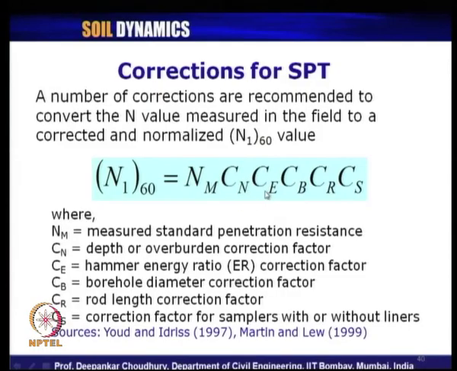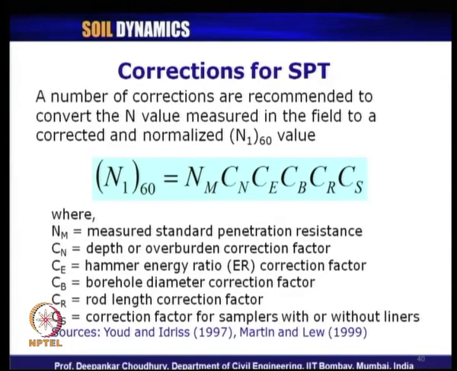Now, why is CE, the energy correction factor, required? As I said, the number of hammer blows is very important. If you use more blows, you will get different values of N, and if you use fewer blows, you will also get different values of N. So, with respect to some standardized value, how much energy you are transferring from your hammer to the rod has to be defined.